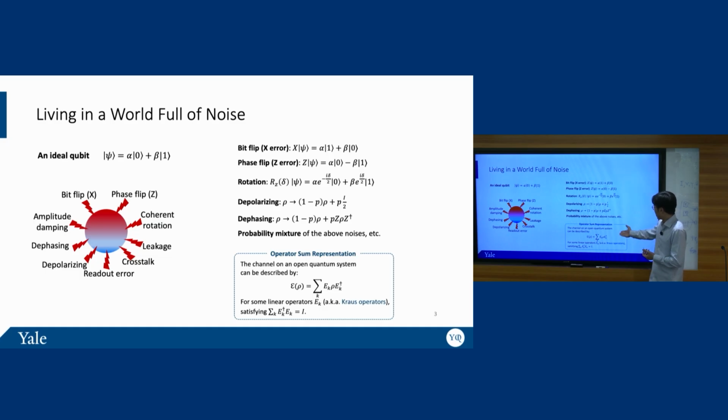This is the operator sum representation, but the intuitive understanding is that you have a quantum state rho. The action of the error is like multiplying a linear operator or a matrix E_k to this quantum state with some probability. Okay, so this is a generic description of anything that can go wrong with the qubit.